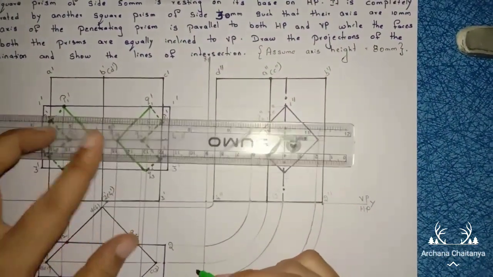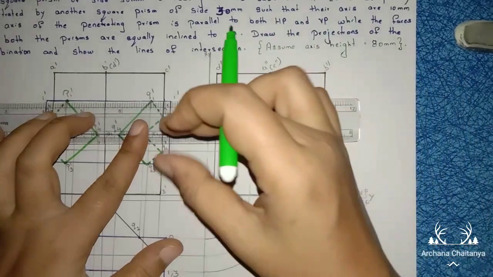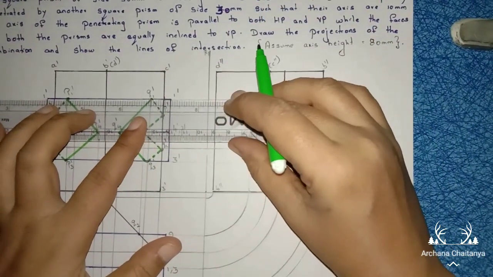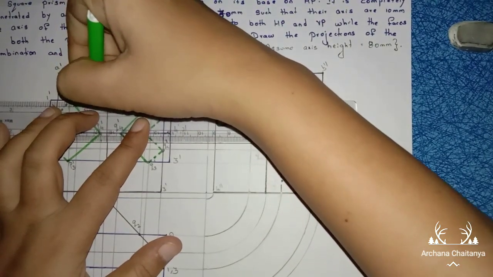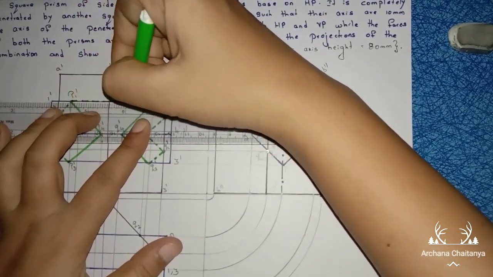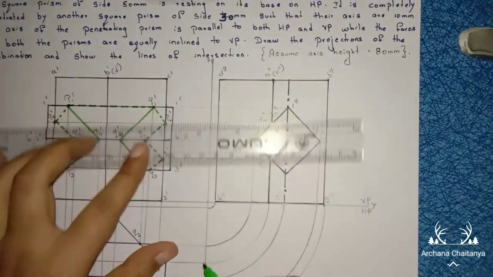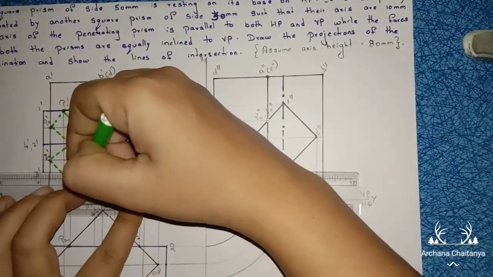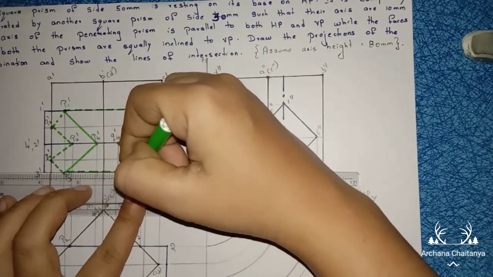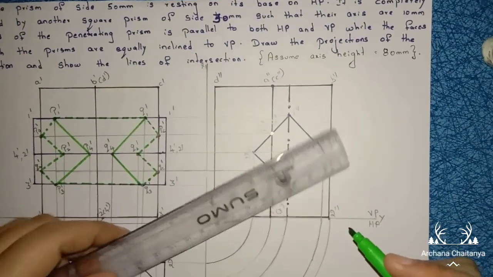Right? Now this square prism is inserting in this prism, no, so we can't see this portion, so draw the dashed lines here. Right? Here also draw the dashed lines here. Right?